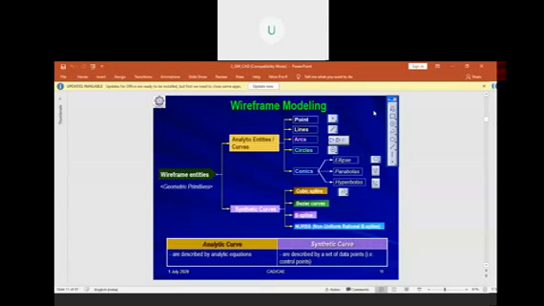Now, wireframe entities, which are called geometric primitives, are broadly classified into two groups. One is analytical entities or analytical curves, another is synthetic curves. An analytical curve is basically described by an analytical equation.